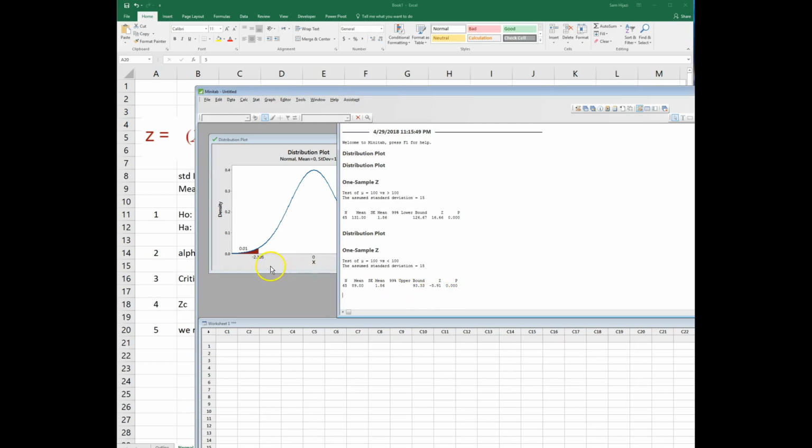5.91. So based on this sample mean and the standard deviation, at minus 5.91, this really falls in the critical region. And for sure, we can reject the null hypothesis that this group of people has an IQ equal to 100.